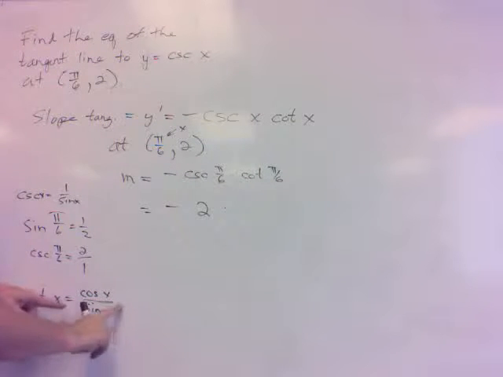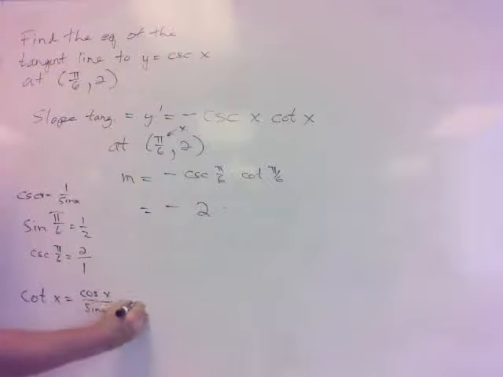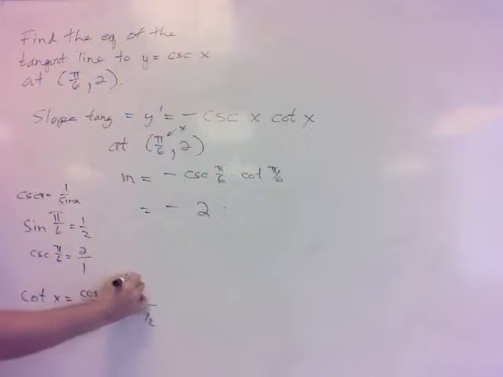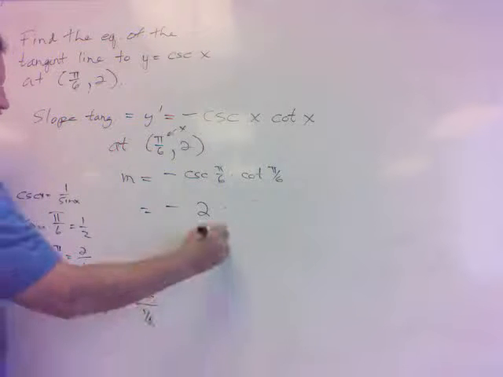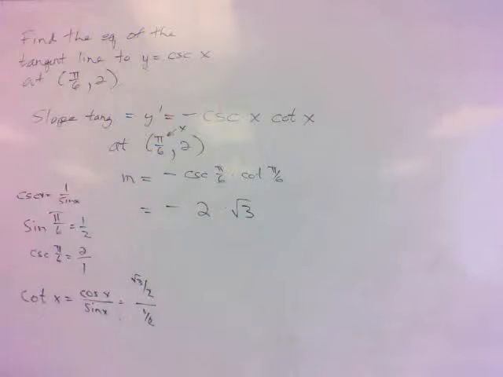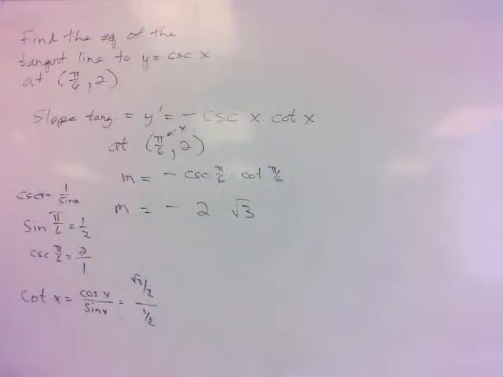So in this case, the sine of pi over 6 is 1/2, and then cosine of pi over 6 is square root of 3 over 2. So it's square root of 3. So the slope of the tangent line is minus 2 times the square root of 3.